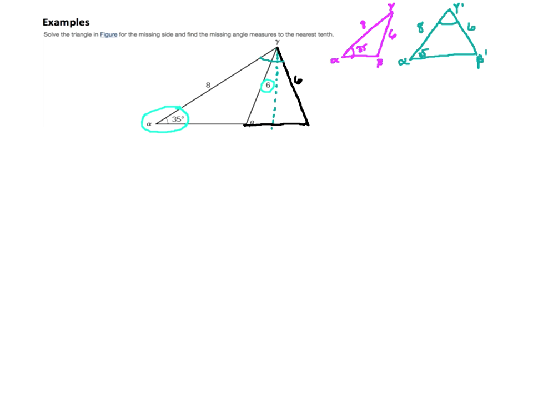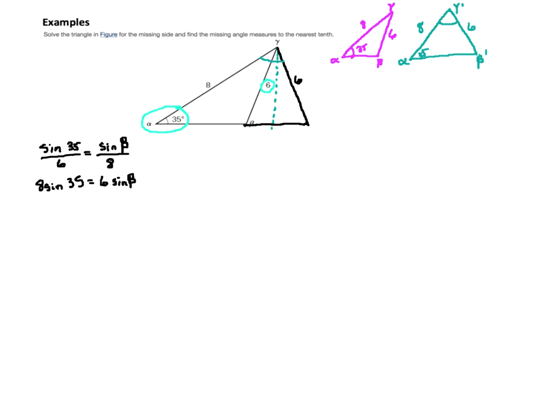So I can set up the proportion. The sine of 35 over 6 is equal to the sine of beta divided by 8. Okay, I'm going to cross multiply. 8 times the sine of 35 is equal to 6 times the sine of beta.